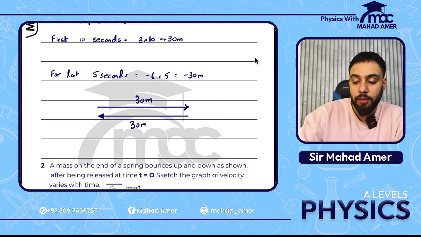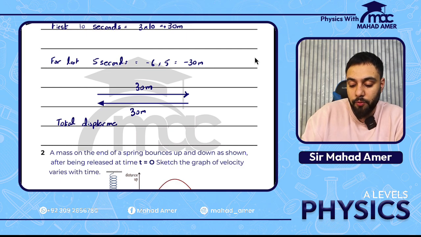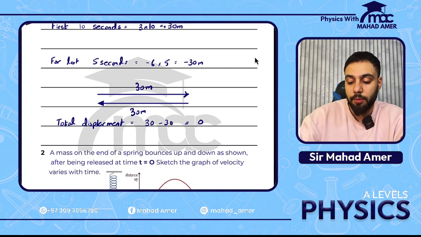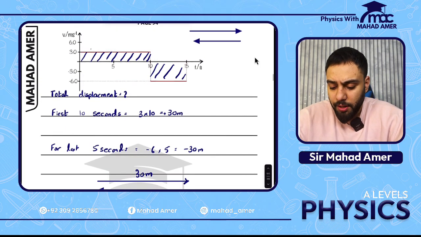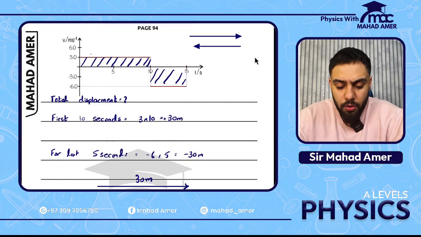So eventually the net displacement, or the total displacement, will be the sum of the individual displacements, which is 30 minus 30, which is 0. This is the first part, a very basic understanding of the graph.